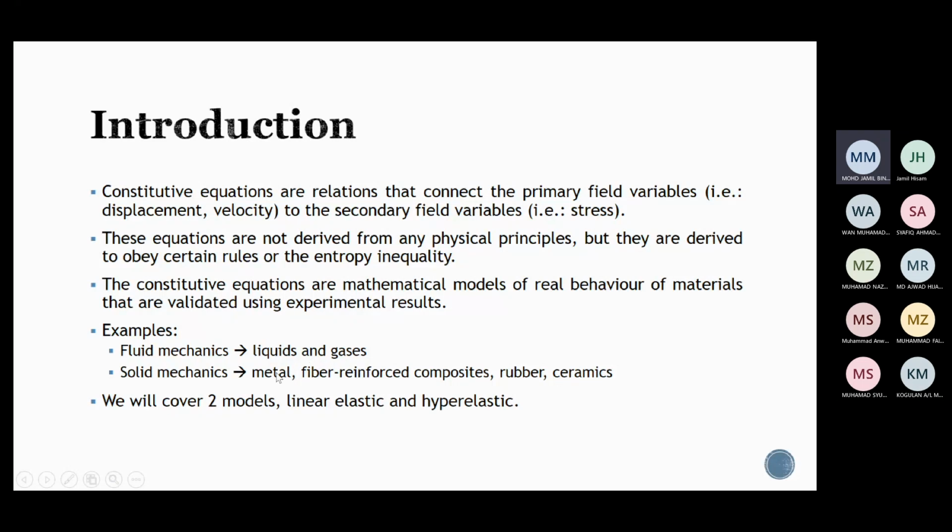So we have a material model for metal, for composite, for rubber, and for ceramics. Because there are so many material models, in this lecture we will cover only two types of model, which is the common linear elastic model, and I will also introduce to you the hyperelastic model.